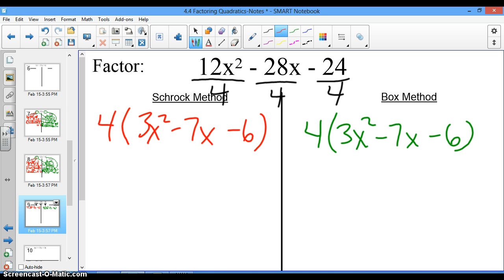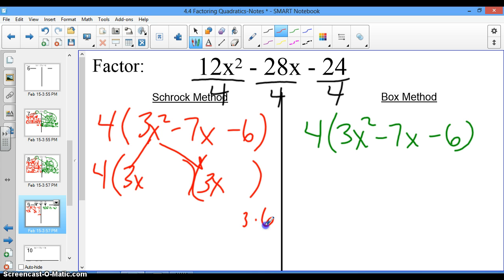Now with Schrock method, I'm going to write my GCF. I'm going to split up two parentheses, put 3x at the beginning of each parenthesis. Now multiply your first and last term. 3 times negative 6 is negative 18.